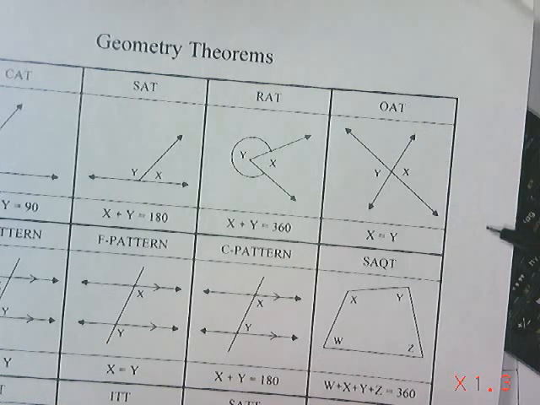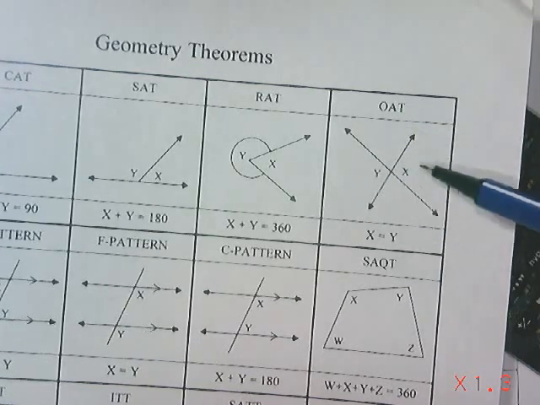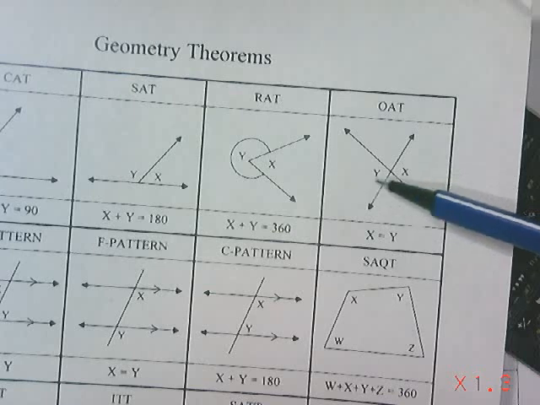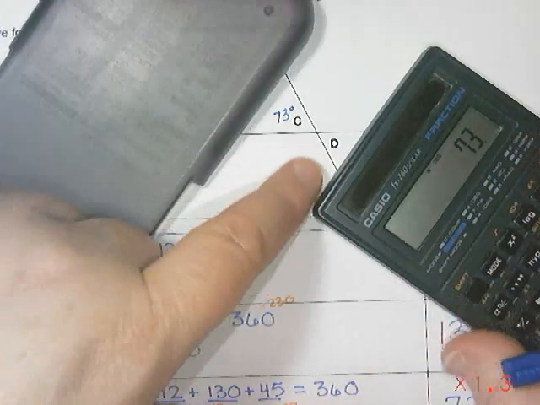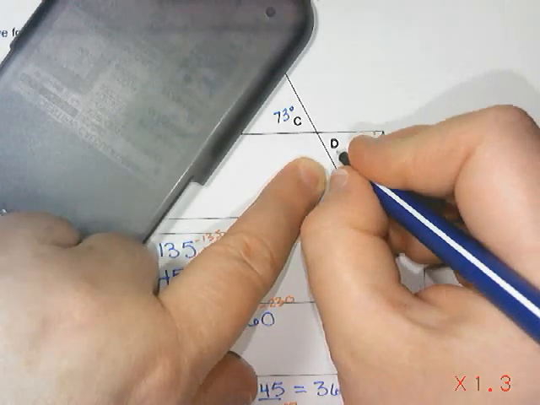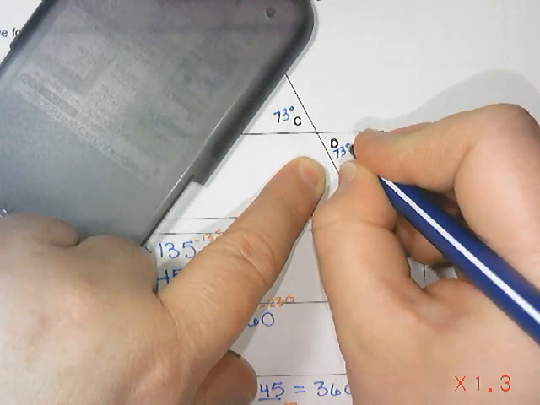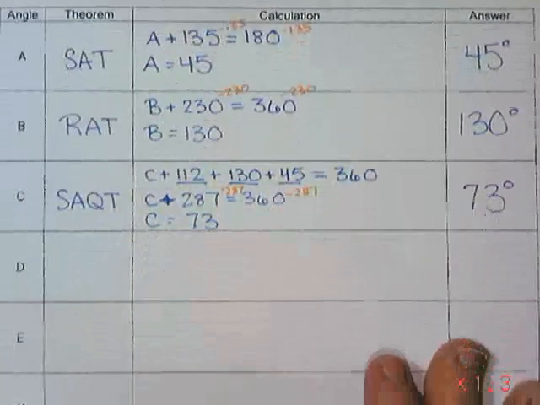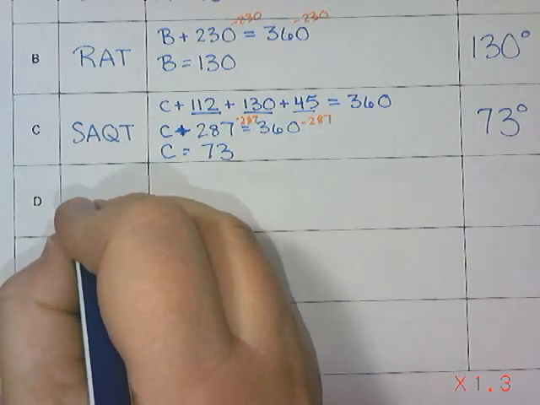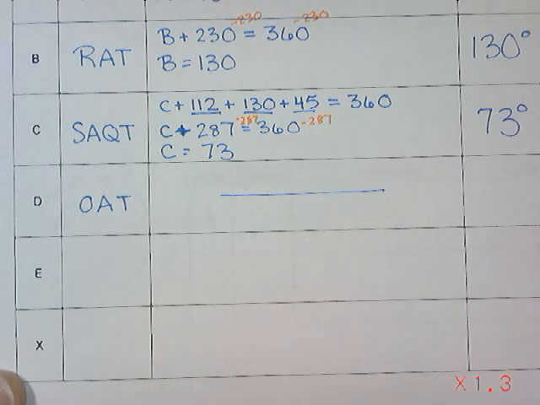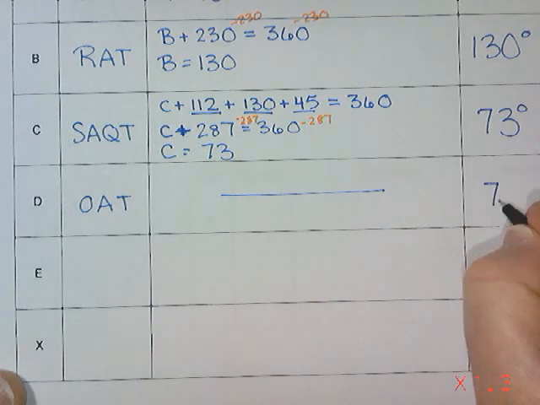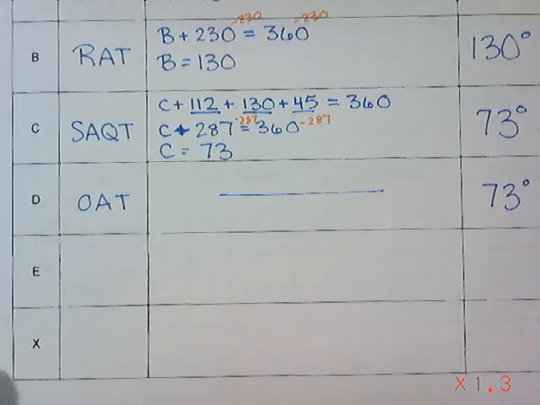OAT says when you have two perfectly straight crossing lines, the angles on the opposite sides of those two crossing lines should be equal. So that means that angle D should be 73 degrees because of OAT. So down here for D, I'm going to write that we're using the opposite angle theorem, or OAT. No calculation is required for that, and it is also 73 degrees.